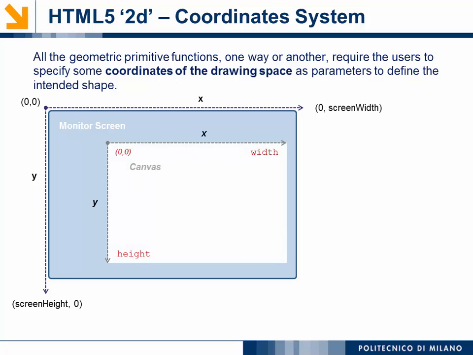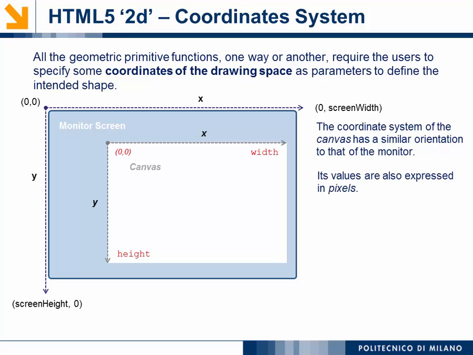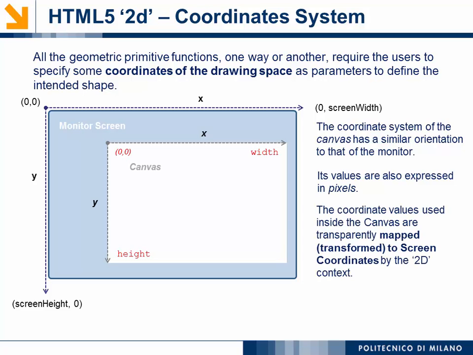This is a canvas, and the coordinate system inside the canvas is coherent with that of the screen. Similar orientation, exactly that. It is expressed in pixels, as you can imagine, and it is the browser that converts everything you draw, the coordinates used for drawing inside the canvas, to screen coordinates.